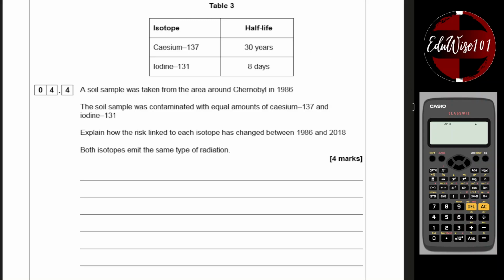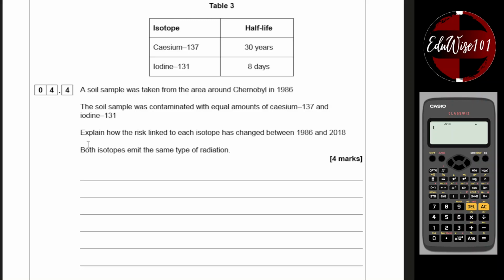So let's say, for example, if you start both of them with 100% radiation, after 8 days, the radioactivity of iodine would have dropped to 50%. After 16 days, it drops to 25%. And after another 8 days, which is 24 days, it goes to 12.5% and so on. So within about a couple of months, the level of radiation from iodine-131 would be so little that it doesn't have any effect.